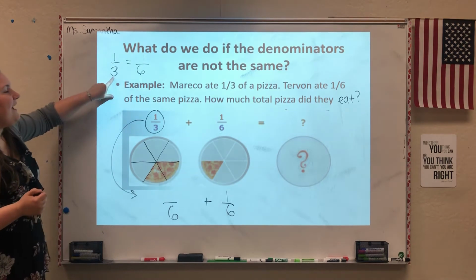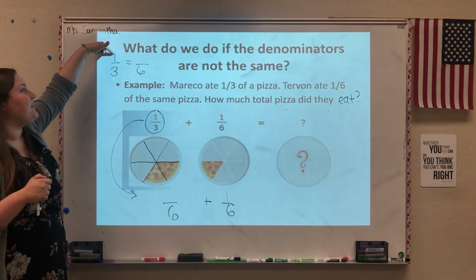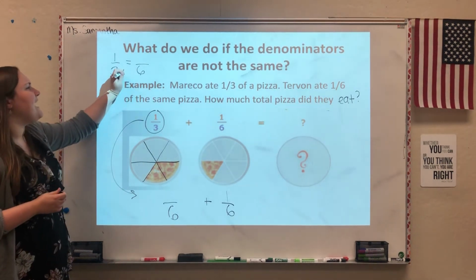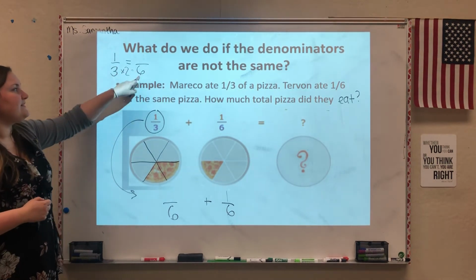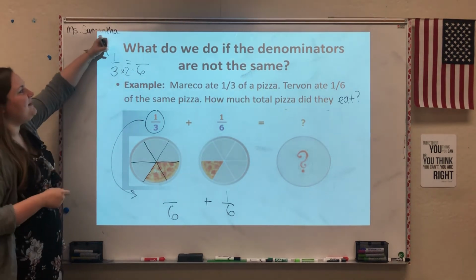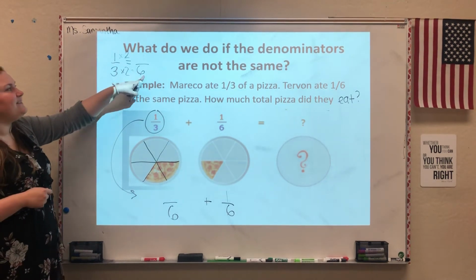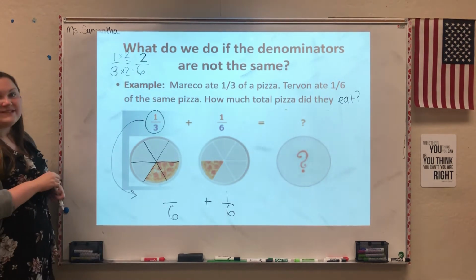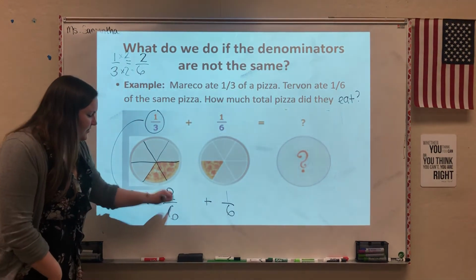We would find what common number we have to multiply 3 by to make it 6, and use that same number to multiply 1. So I would ask myself, 3 times what number equals 6? Well, I know 3 times 2 equals 6. Since I multiplied the denominator by 2, I've got to do the same thing on top and say 1 times 2. 3 times 2 is 6. 1 times 2 is 2. What I've just found is that the fraction 1/3 is the same as the fraction 2/6.